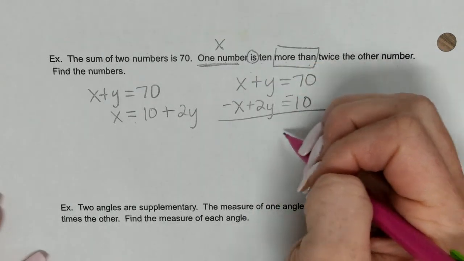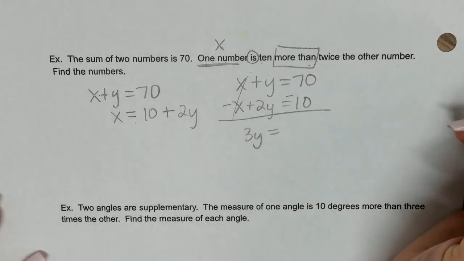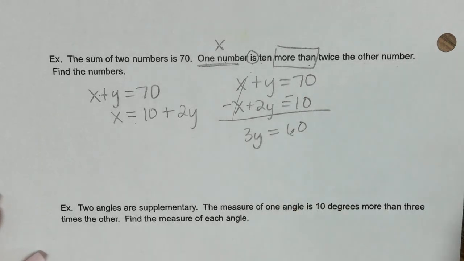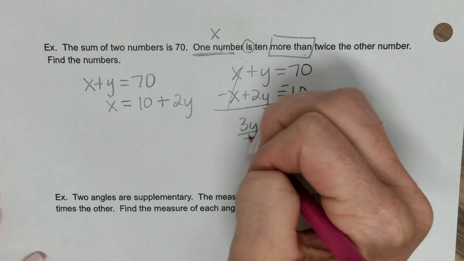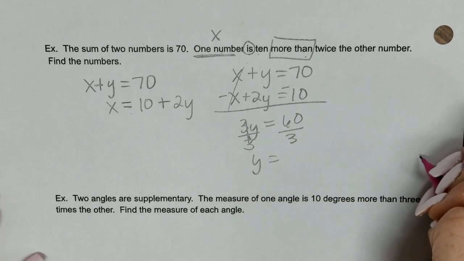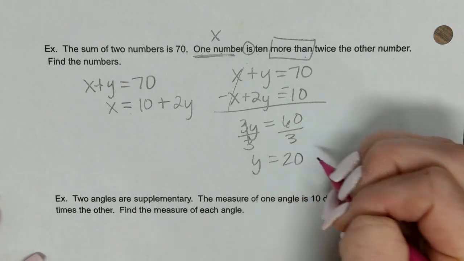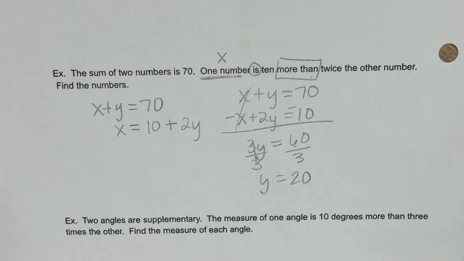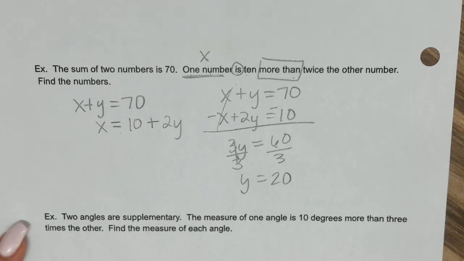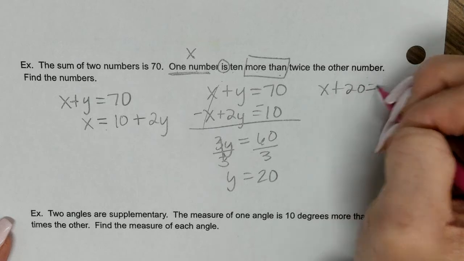All right, so I have 3y equals 70 minus 10, which is 60. Divide by 3. I get y is equal to 20. So x plus 20 equals 70.